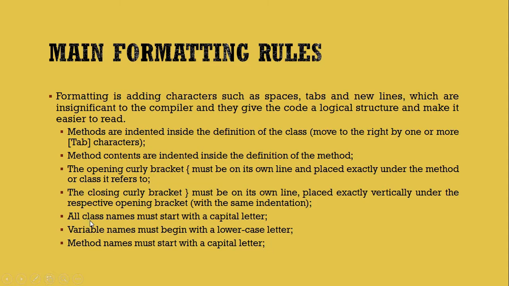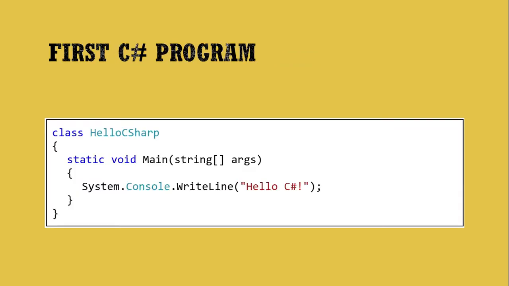All class names must start with a capital letter. Here, the name of the class is HelloCSharp. You see, H is capital, so always, names of classes should start with a capital letter. The same is true for the names of functions.